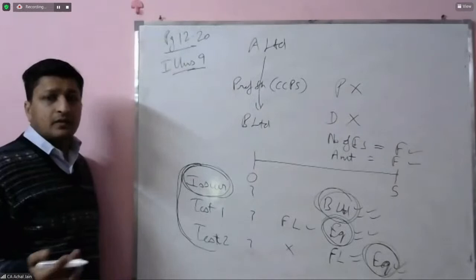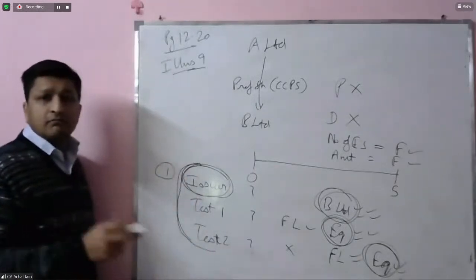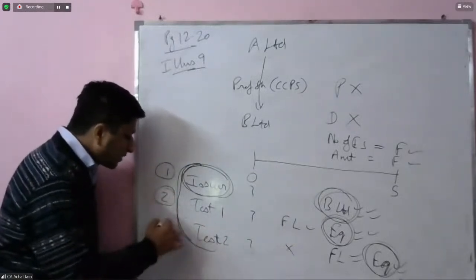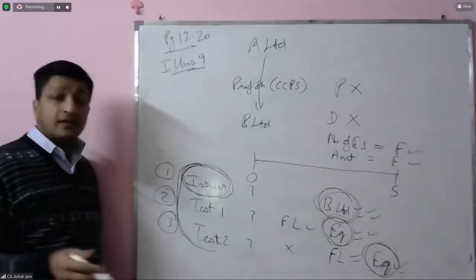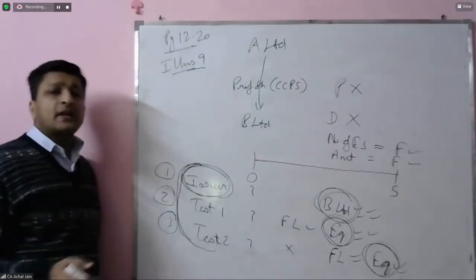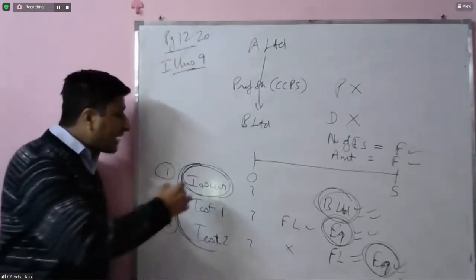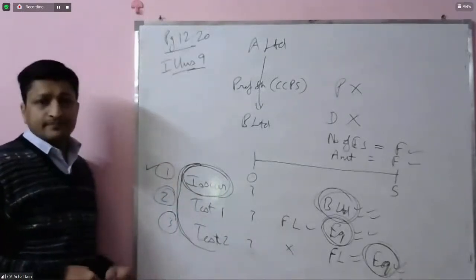First, start with who is the issuer. Carefully analyze it. Then get on to test number 1 and then get on to the need for test number 2. That's why I have purposefully included this first step.